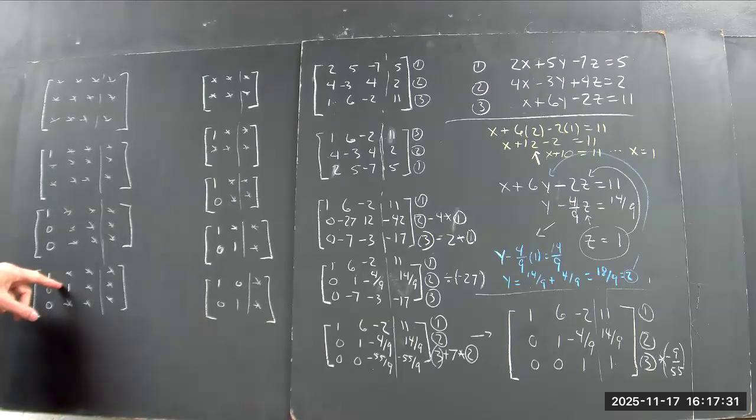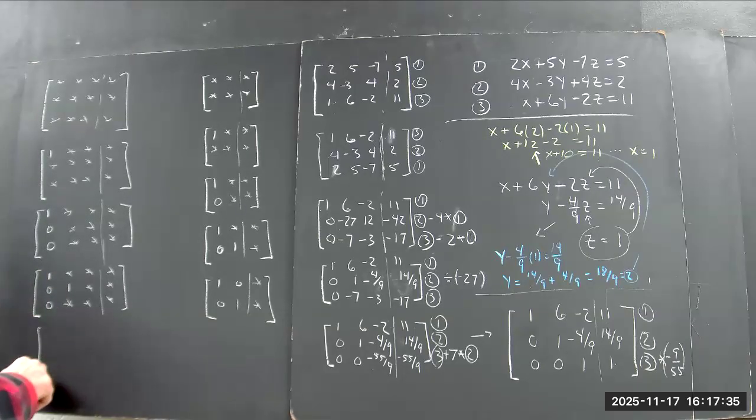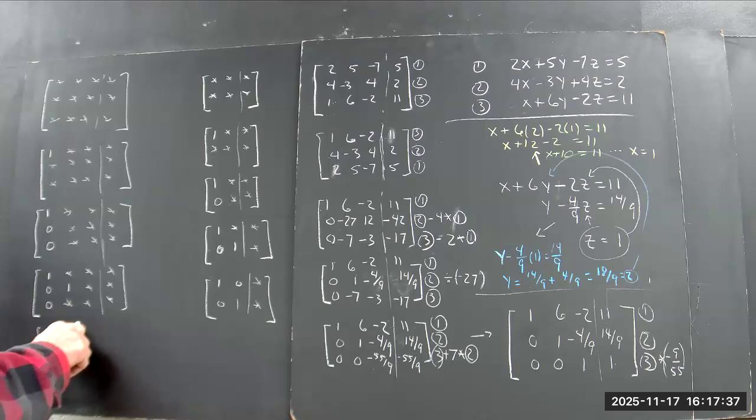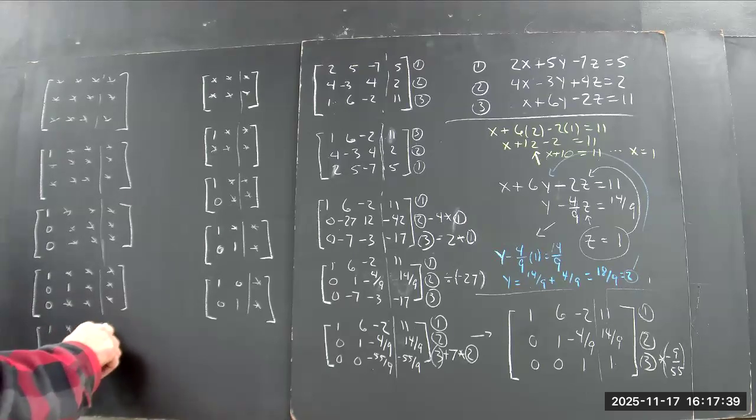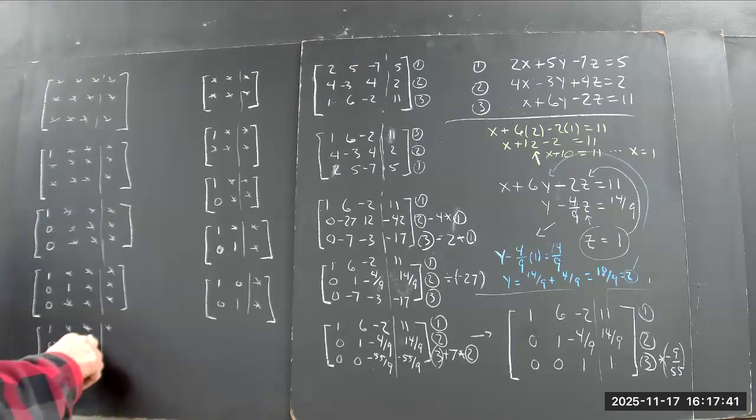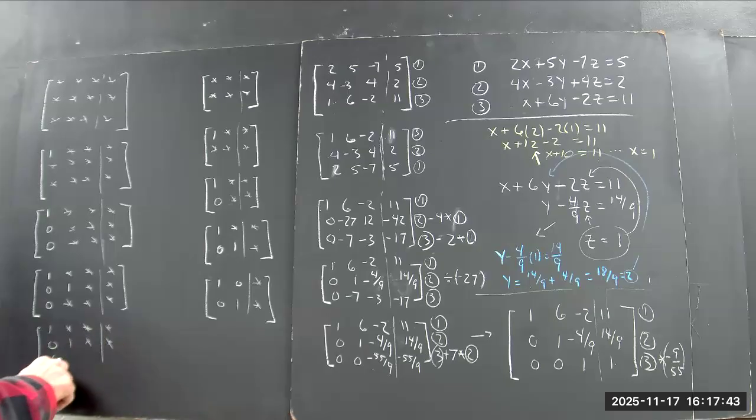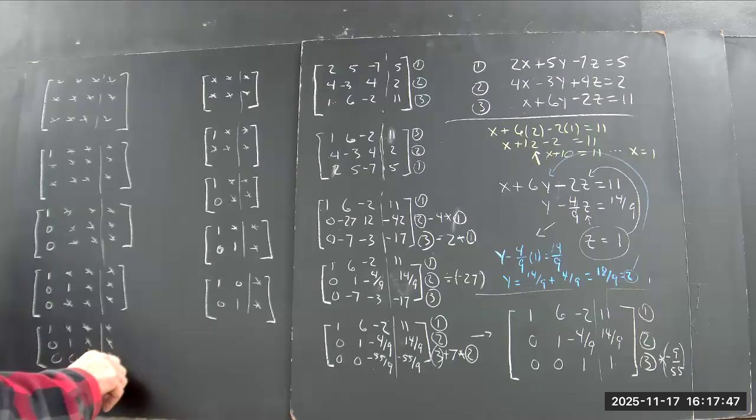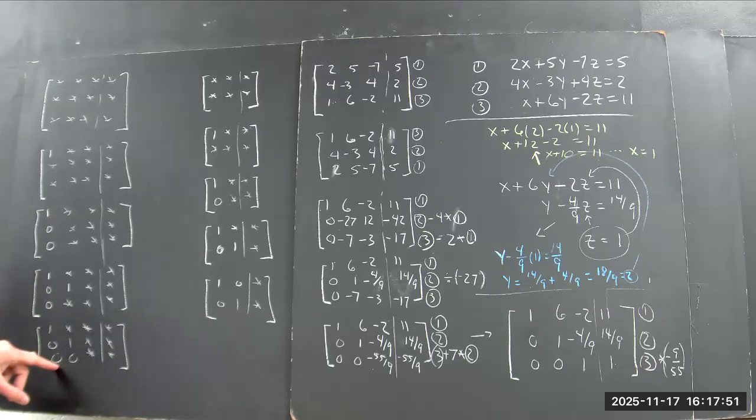Now that you have a 1 here, it's easy to figure out what multiple of this row to add to this row. And having done that, you're going to have this.